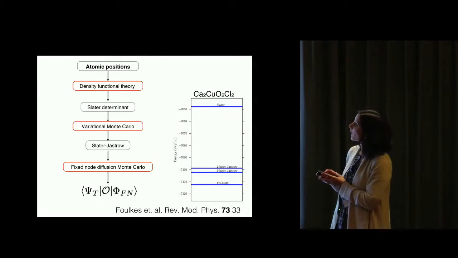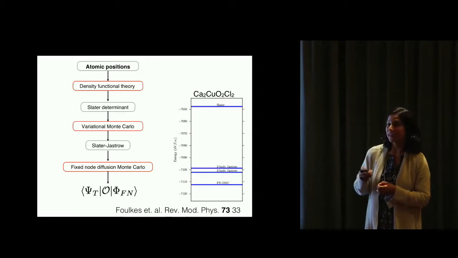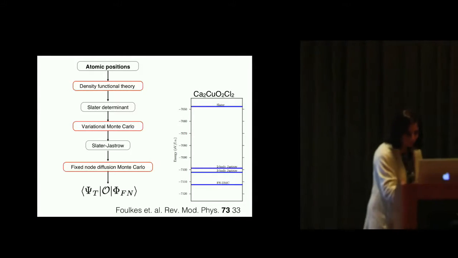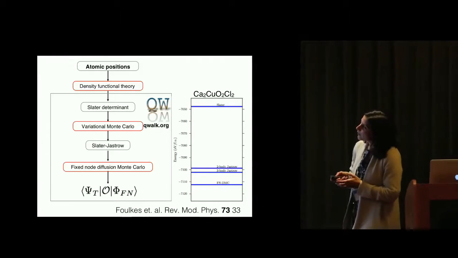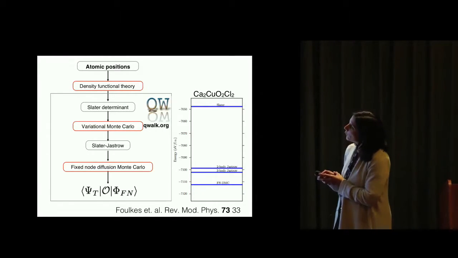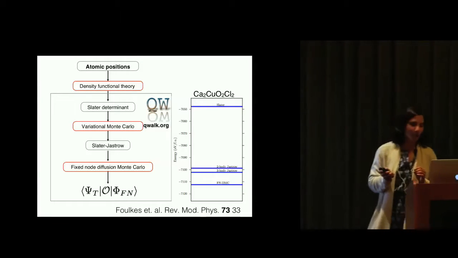And so that's quite a large drop per formula unit for this material. And then when we go to fixed node diffusion Monte Carlo, we're able to recover about another 10 eV or so in there. Okay, everything in this box we do using the QWalk code, which I'll talk a little bit more about later.